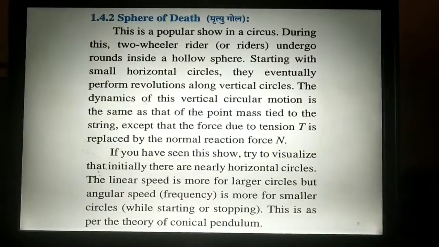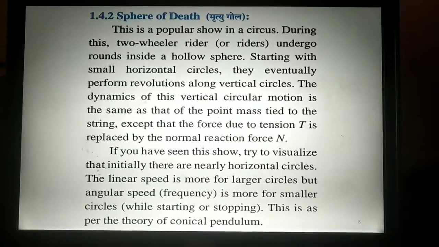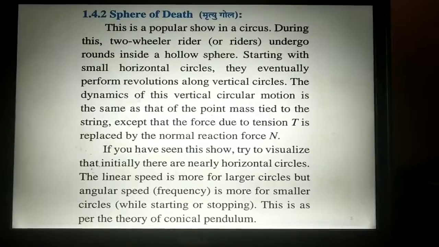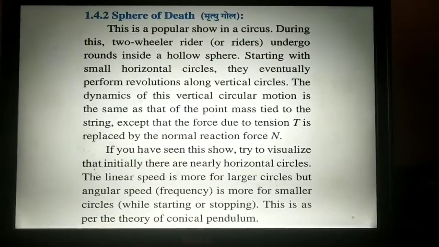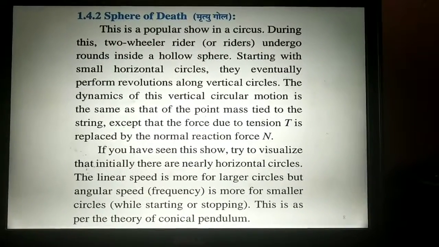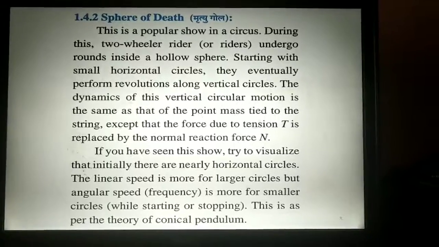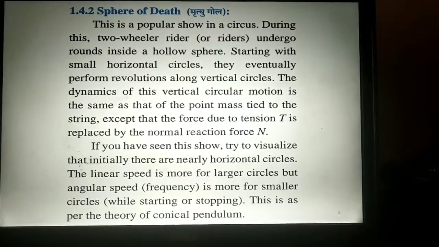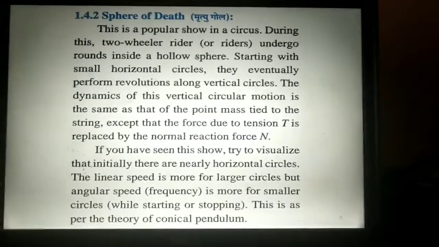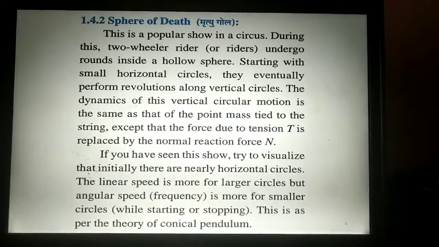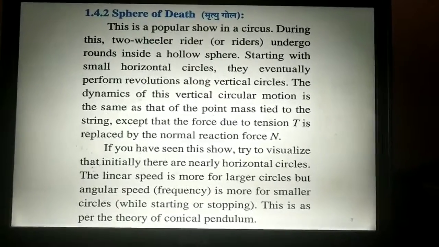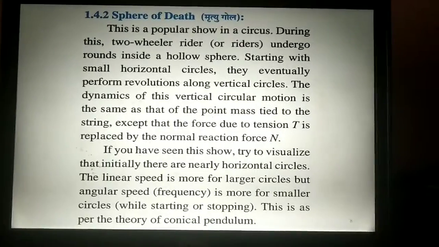But for a smaller circle, the angular speed, that is nothing but frequency, matters. You know frequency means the number of oscillations in 1 second. So for a small circle the frequency, that is the angular speed, should be more, so that the bike rider is able to perform the circular motion even when the circles are smaller.